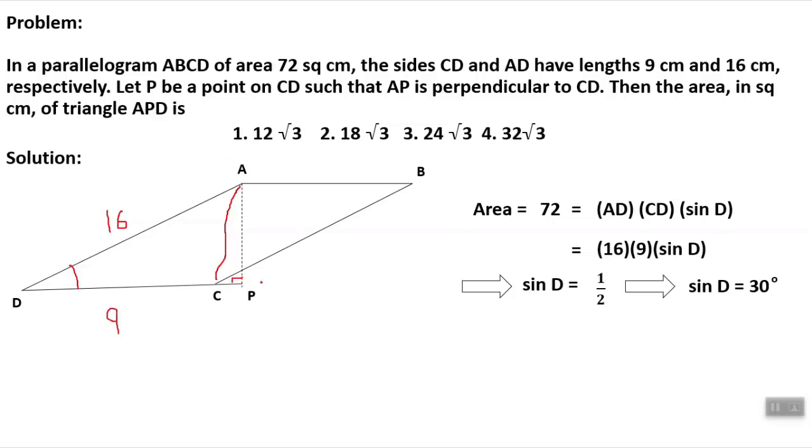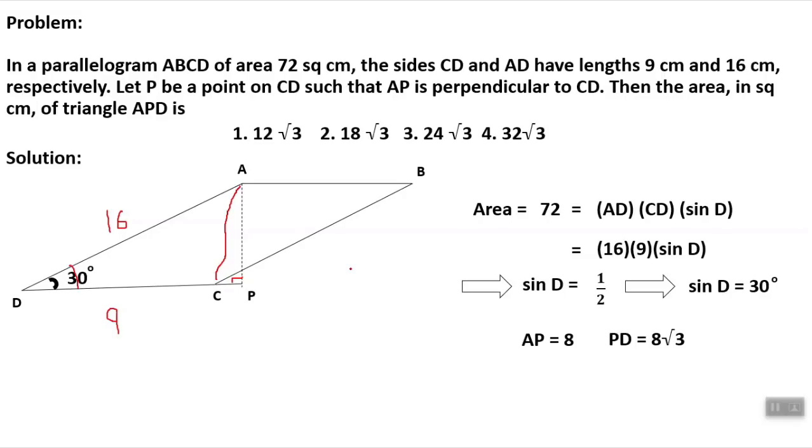If D is 30 degrees, then the triangle APD is now a 30, 60, 90 triangle. And in such a triangle, the smallest side, which is AP, is going to be 1/2 of the hypotenuse, which means AP is 8, and PD or DP is √3 times that, or 8√3.